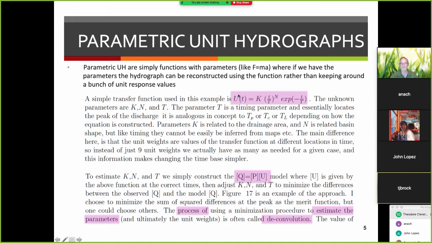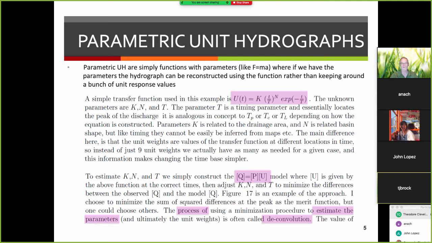So we're going to go through an example, and the transfer function I'm going to use is that the unit weight as some function of time is equal to k multiplied by the elapsed time divided by some timing parameter, raised to the power n, times e to the minus time over some timing parameter. So I've created that function.